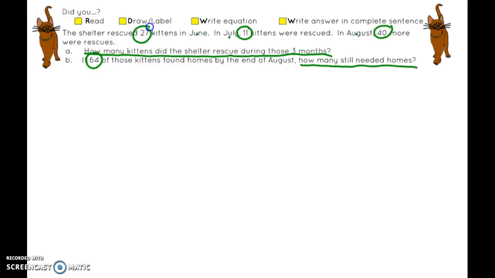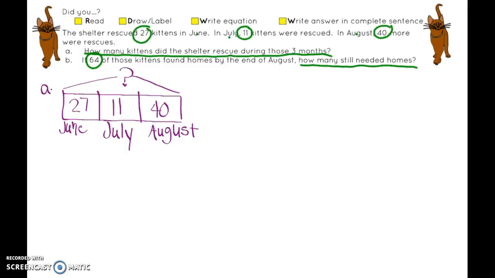So to give me a better understanding of the problem, let's create a tape diagram. Pause your video and draw your tape diagram on your page. Press play when you're ready to continue to check your tape diagram. Right, you should have completed a tape diagram similar to the one that I've created.